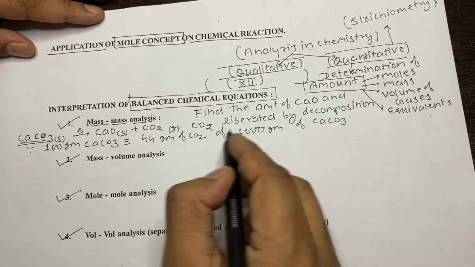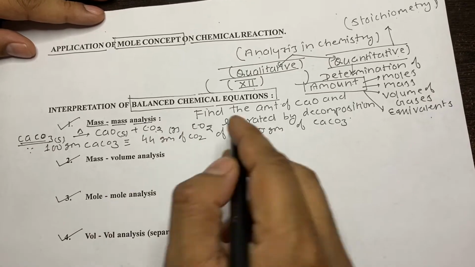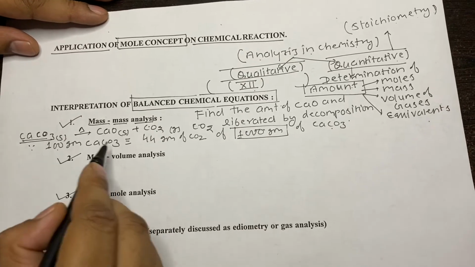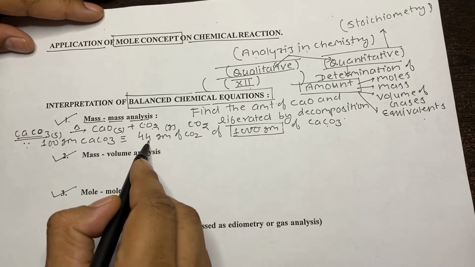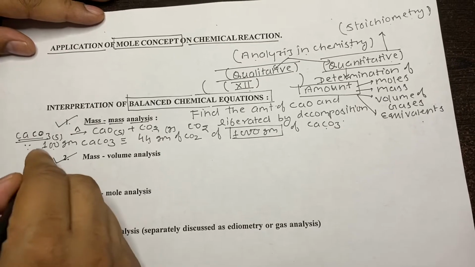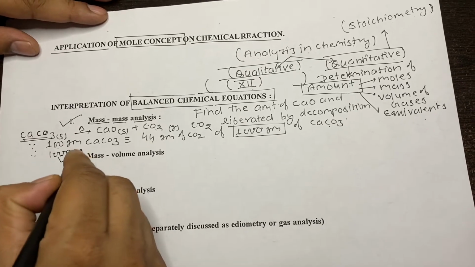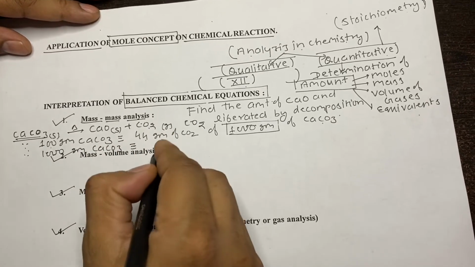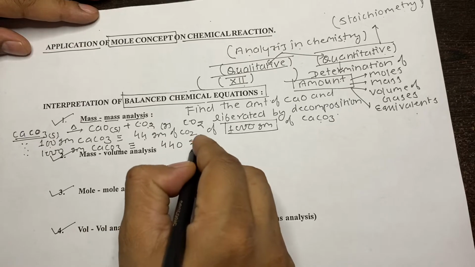So we can calculate the amount of CO2 liberated for 1000 gram of calcium carbonate also, because 100 gram of calcium carbonate liberates 44 gram of CO2. So 1000 gram of calcium carbonate will liberate 440 gram of CO2.